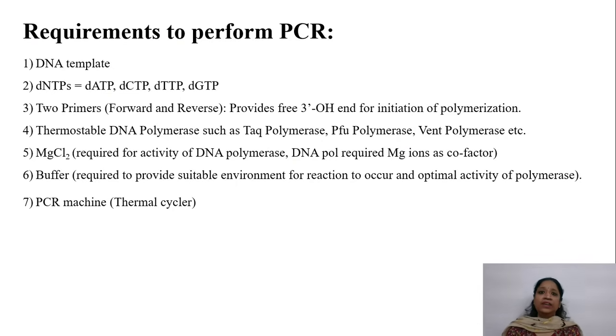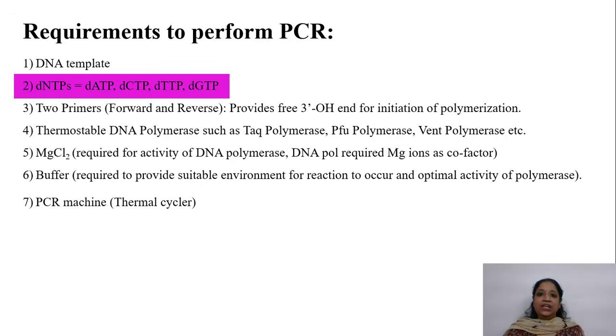Now, let's look at the requirements to perform PCR, the essential components that make this powerful technique work. First, we need a DNA template. This is the specific segment of DNA that we want to amplify. It could be from a patient sample, a crime scene, or even plant DNA material.